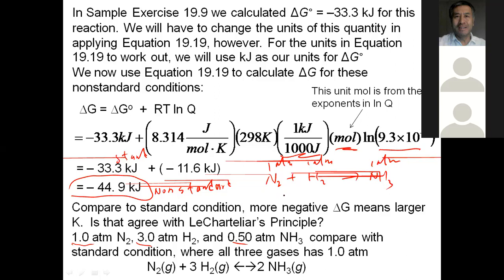In the non-standard condition, we still have this at 1, but this becomes 3, and this becomes 0.5. If you keep this the same at 1 atm and increase the reactant, the reaction shifts to the product. And here you decrease the product, which also shifts the equilibrium to the product. Both changes, according to Le Chatelier's principle, shift our equilibrium to the right, which agrees with our number. So our number gets more negative.